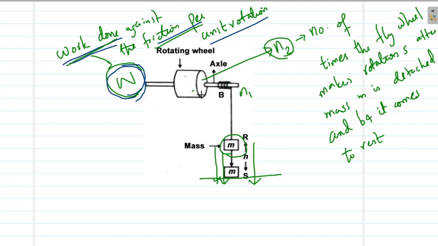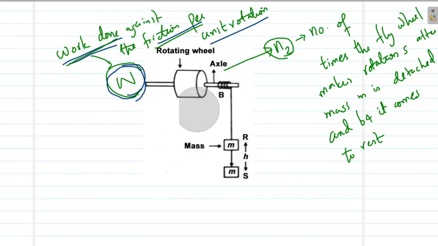N2 is not the complete number of rotations made by the wheel. Even when this thread is unwinding from this axle, this wheel will be making rotations. So after this thread detaches from this axle, we start to count N2, and finally when it stops its rotation, we stop the count of N2. So N2 is the count of the number of times the wheel makes rotations after the thread detaches from this axle.